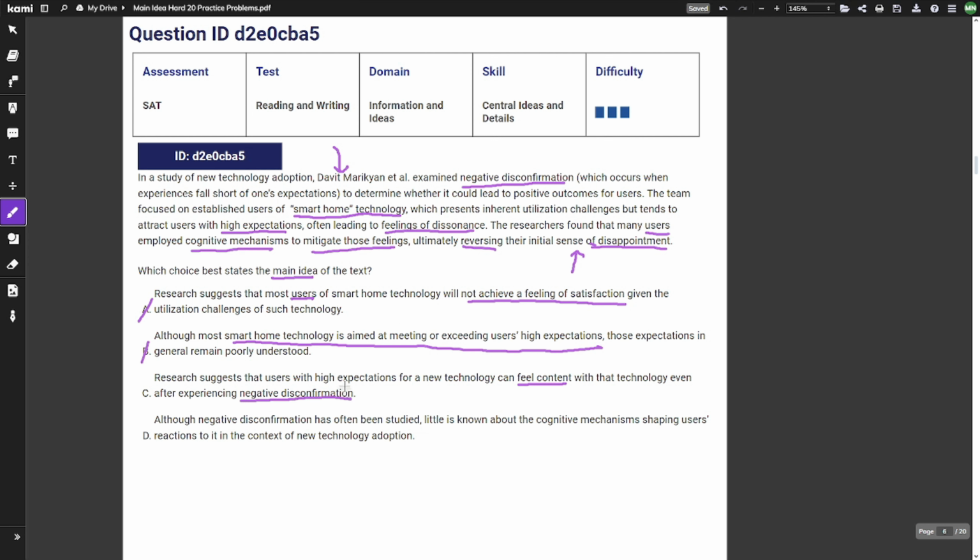That's exactly what our text said here in this very last sentence, that they reverse their sense of disappointment, so they're still being happy, even though it didn't meet their expectations. So it might be C. And then D, it never talks about how often it's been studied, or the frequency of it being studied. That's completely irrelevant. So it's not going to be D, which means our best answer will be C.